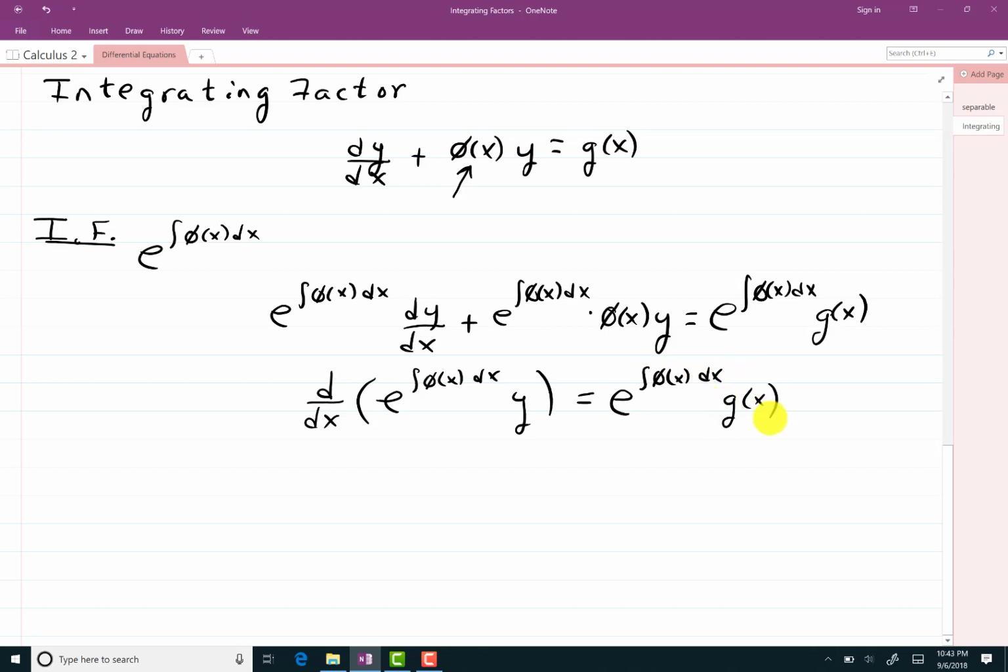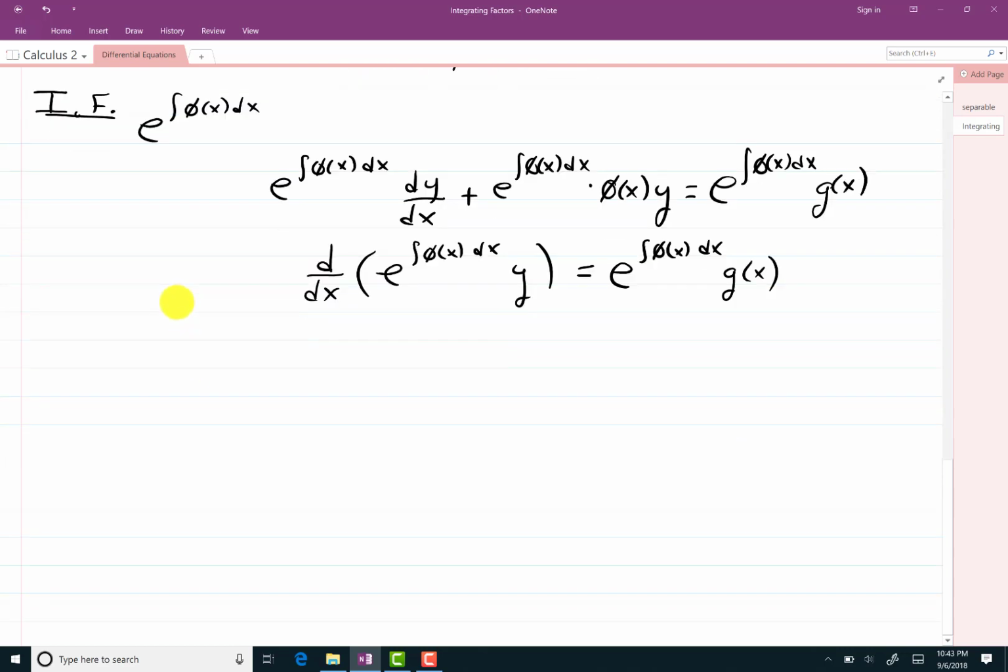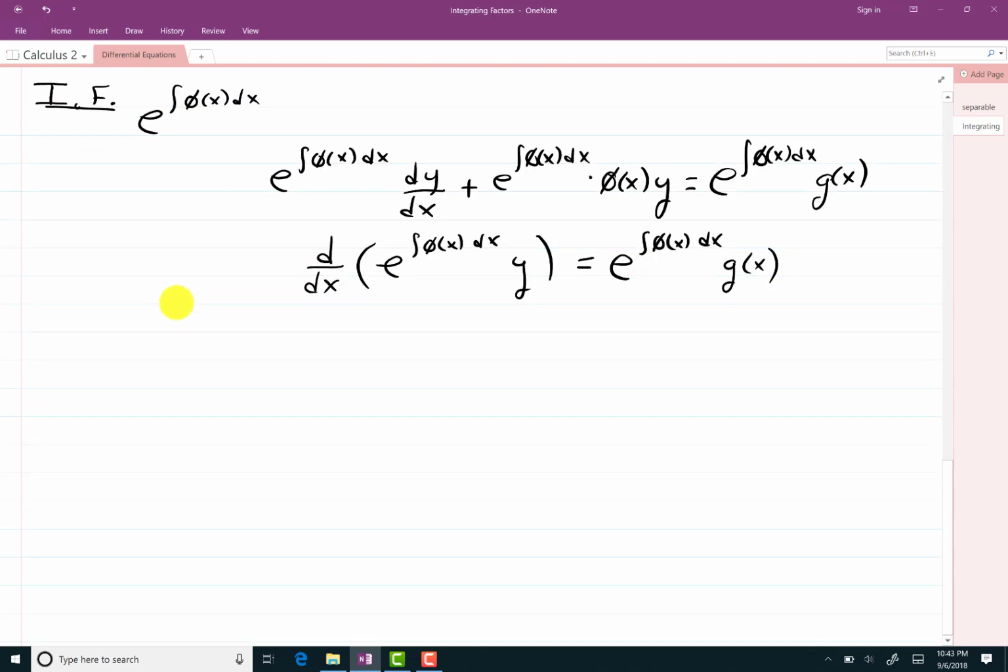I'm doing exactly what I did in the last example. Multiply both sides by dx and then integrate. So I have d of e to the integral of phi of x dx times y will equal e to the integral of phi of x dx g of x times dx.